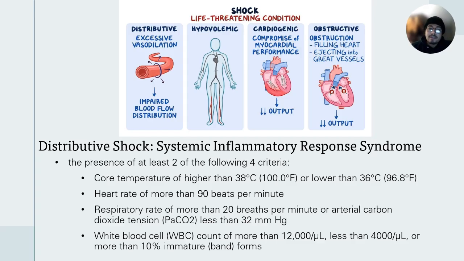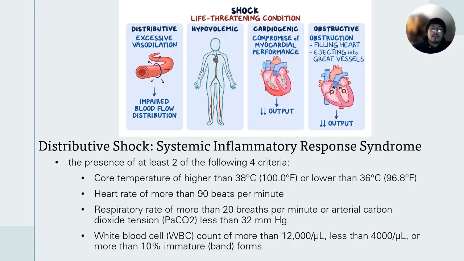It is the presence of at least two of the following four criteria. If the patient has a core temperature of higher than 38 Celsius, or greater than 100 degrees Fahrenheit, or lower than 36 Celsius, which is 96.8 Fahrenheit.